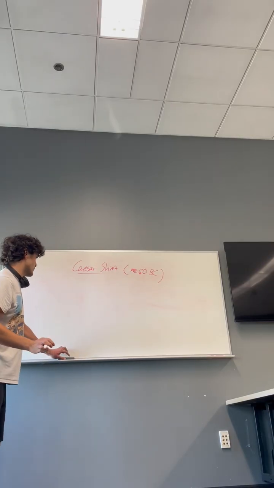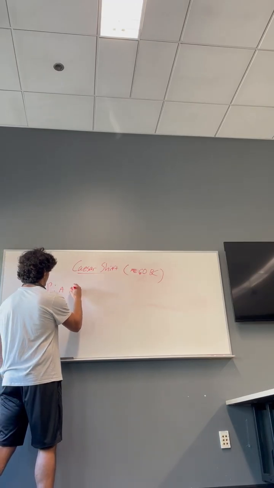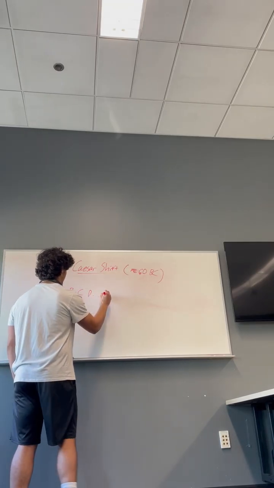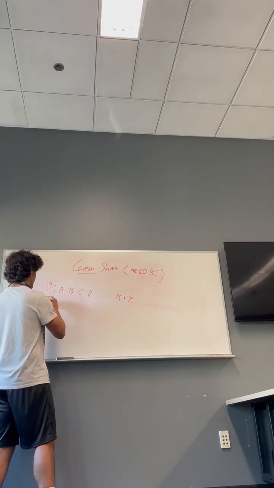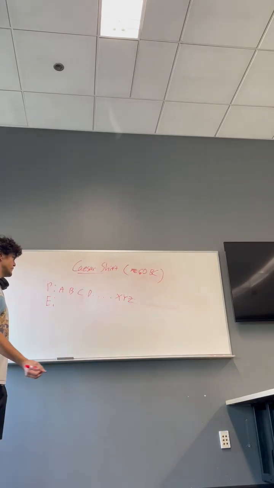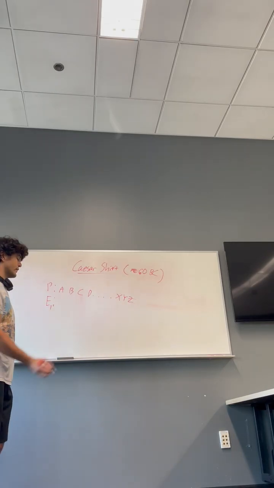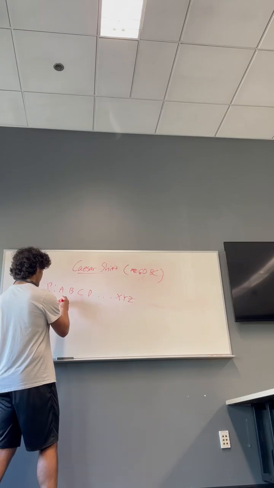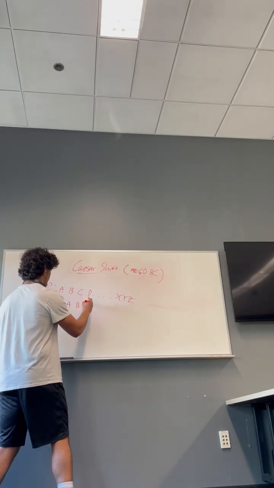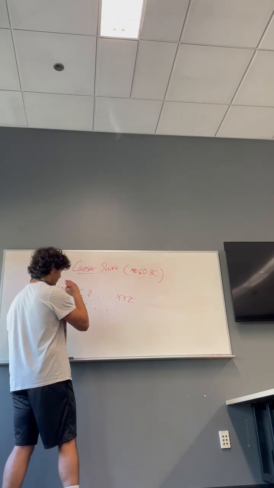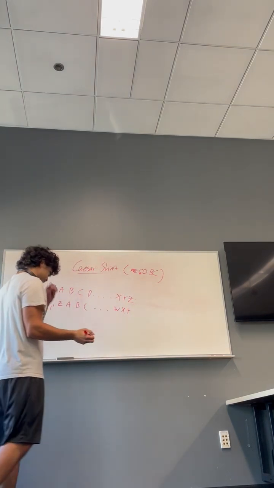So, I have my plain text, and I'm going to write out the alphabet. Then underneath it, I'm going to shift all my letters by a certain amount. Let's say I shift every letter to the left. So A becomes Z, B becomes A, C becomes B, D becomes C, X becomes W. We're just shifting everything to the left.